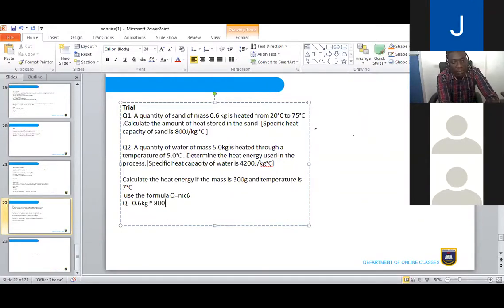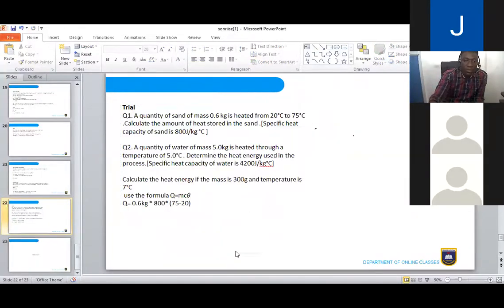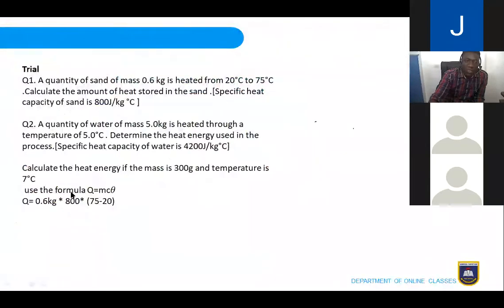Hope you can see us on the screen. So the formula you are going to use for the first question is the same throughout. Q equals mc delta theta.